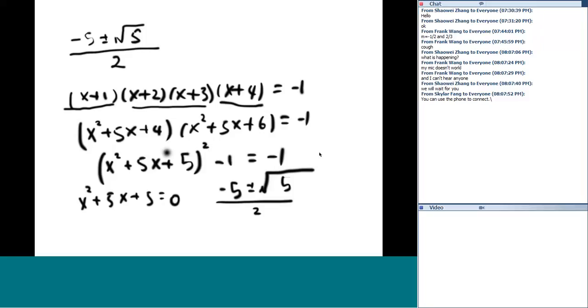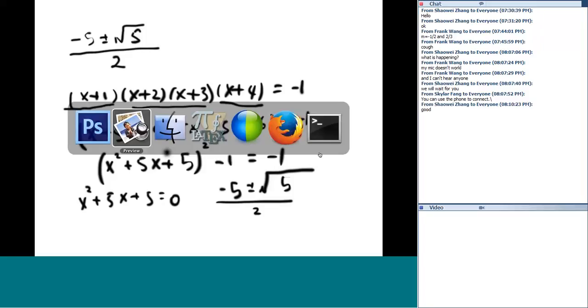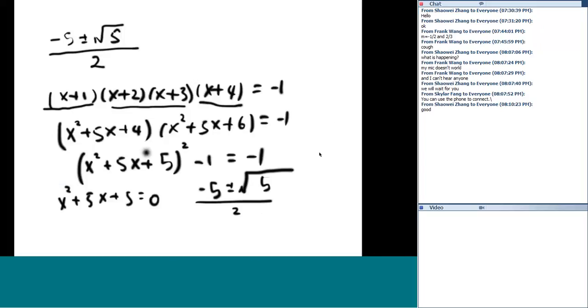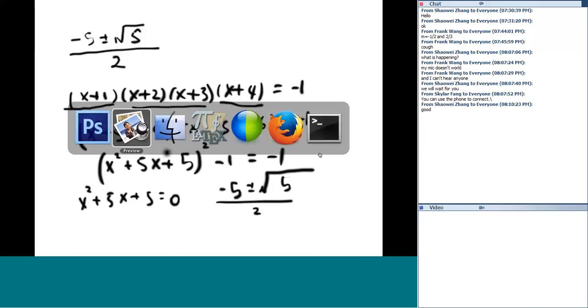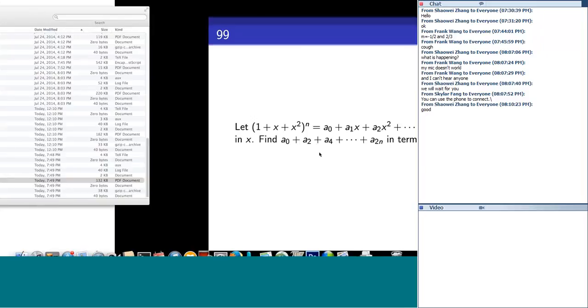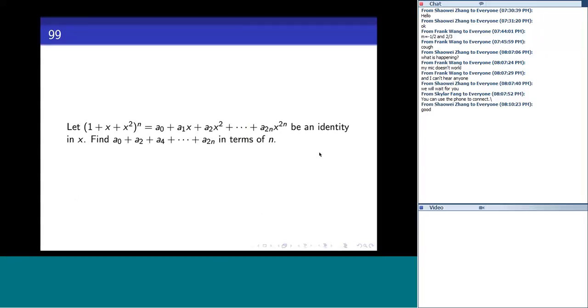Okay, good. I was just trying to tell you there is a phone number you can actually call. I forgot what the number is. If that's not in mind, they tell you what the phone number is. Yeah, okay. That's cool.